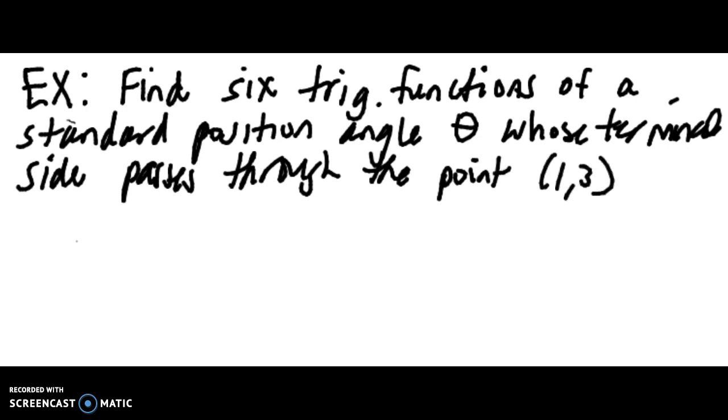If you remember, when we were referring to standard position angles, we are talking about the one whose vertex is at the origin and its initial side is on the positive side of the x-axis.